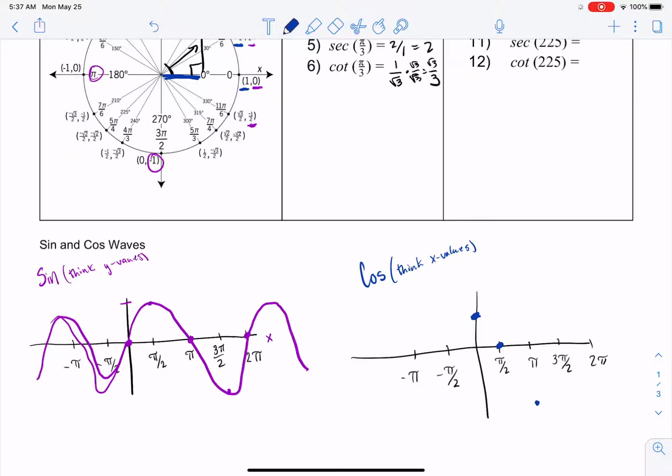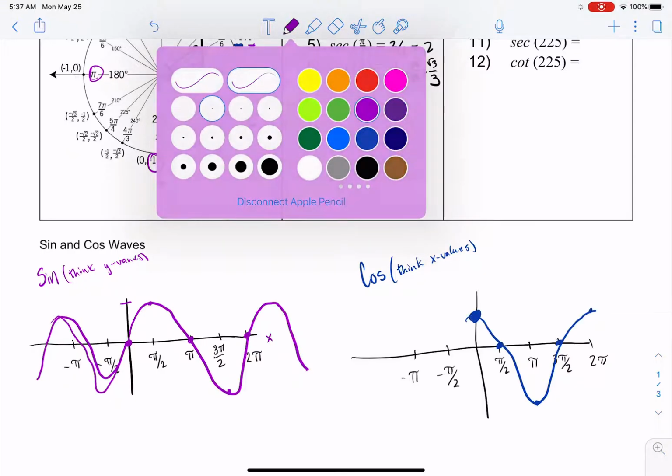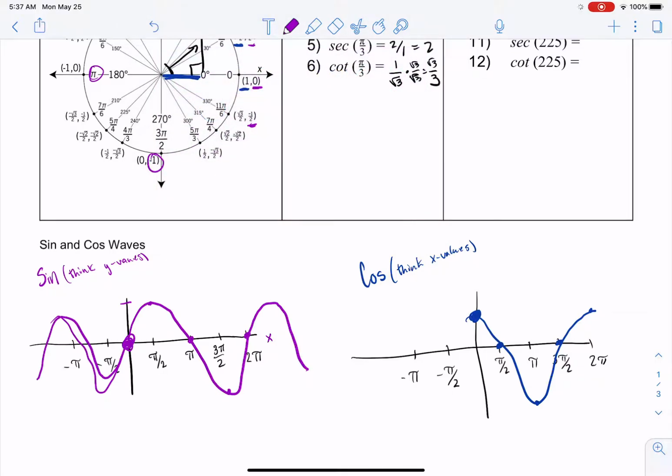Again, notice this pattern is going to look very familiar. We just kind of started in a different spot. So now my wave looks like that. Notice we start at 1 here with cosine, and with sine, we start at 0. But these waves should look pretty similar to each other.